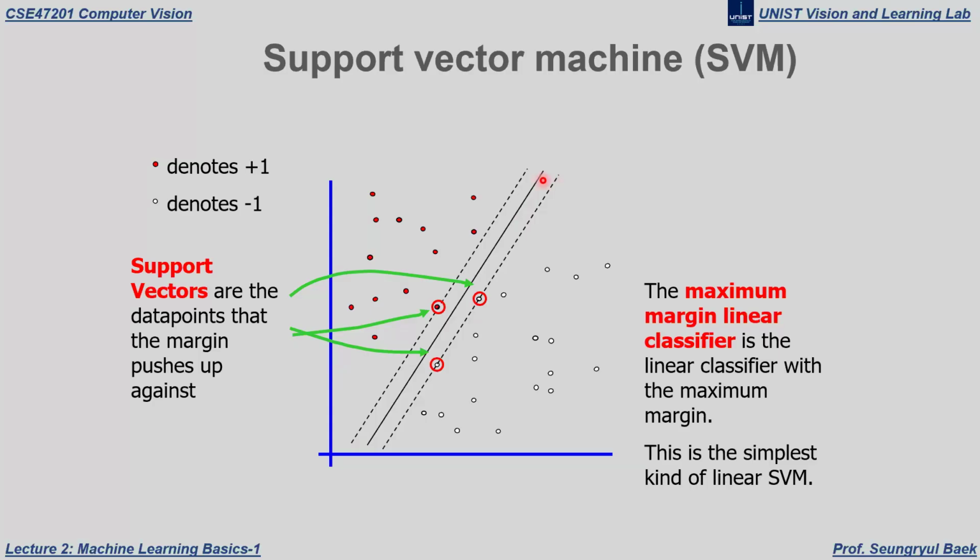This one lies on the positive side of Wx plus b, so this line outputs 1 for Wx plus b.